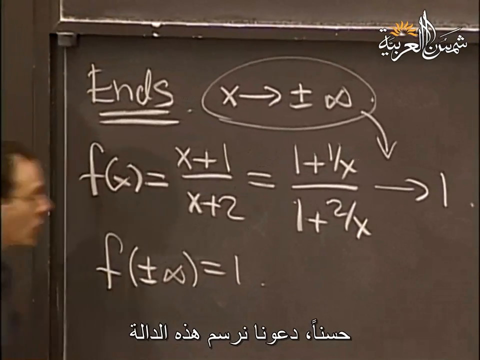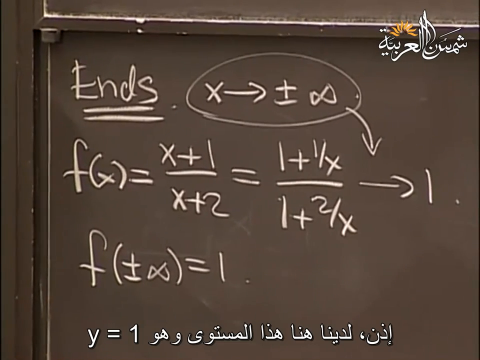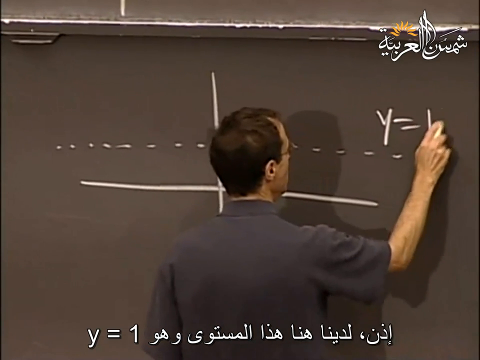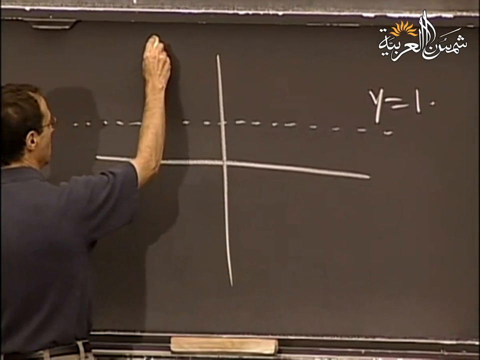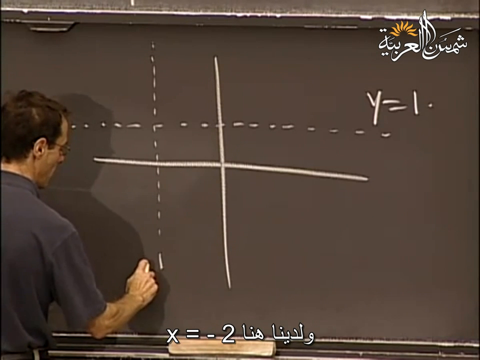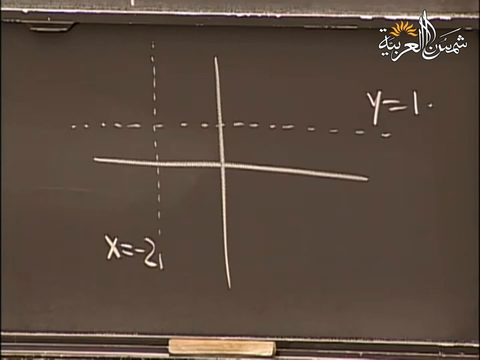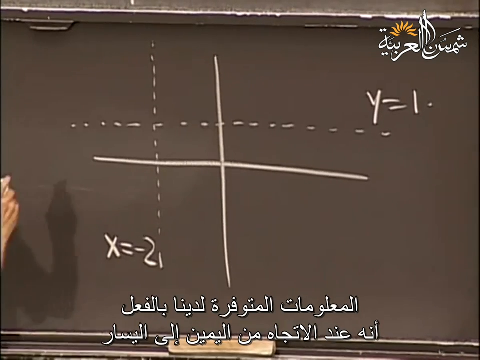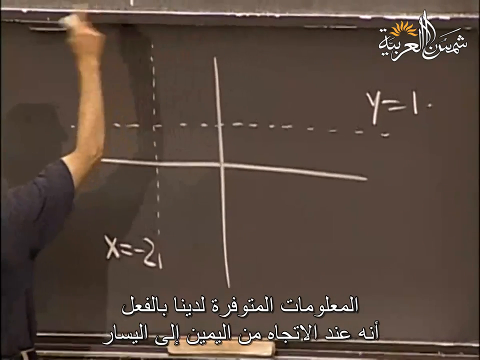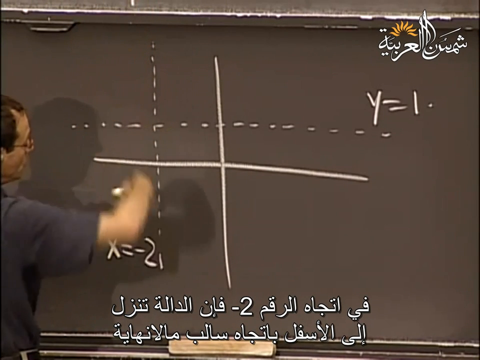Now I get to draw this, and we draw this using asymptotes. There's a level, which is y equals 1, and then there's another line to draw, which is x equals -2. And what information do I have so far? When we're coming in from the right, to -2, it plunges down to minus infinity.